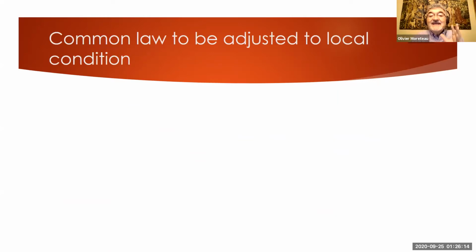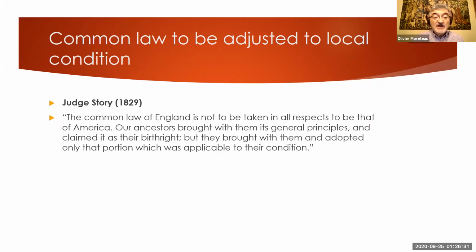It was clearly understood also after the time of independence that the common law, if applicable, was to be adjusted to local conditions. You have here a statement by Judge Joseph Story. He said in a case in 1829 that the common law of England is not to be taken in all respects to be that of America.